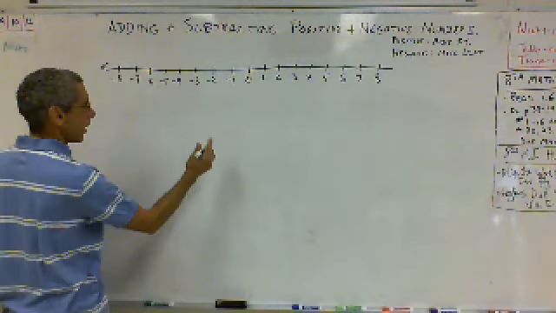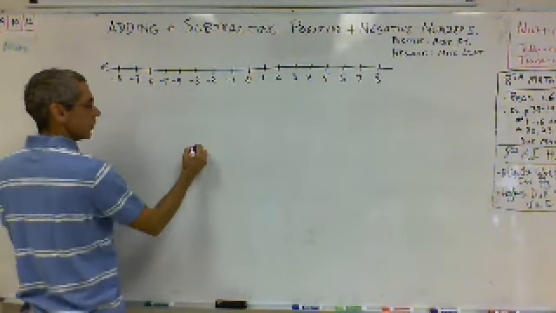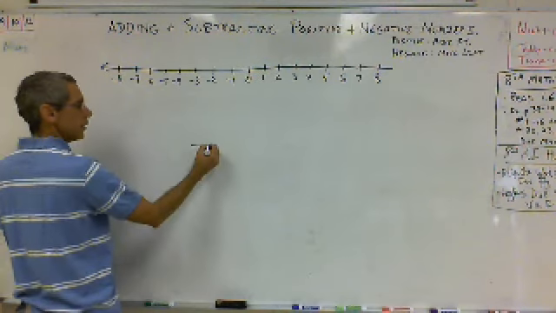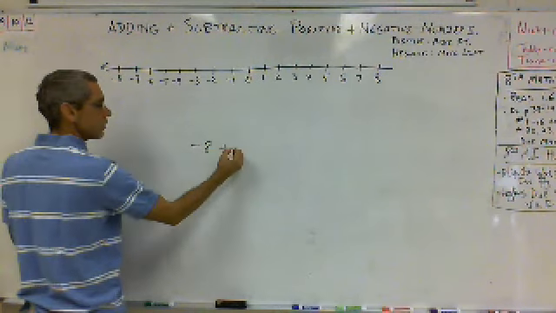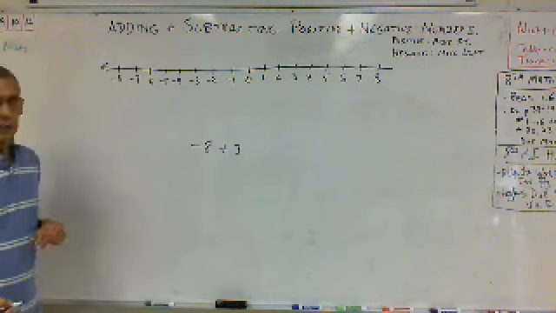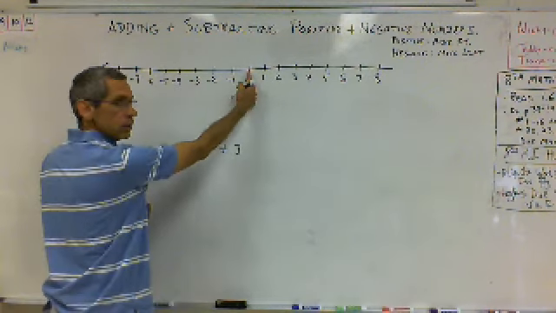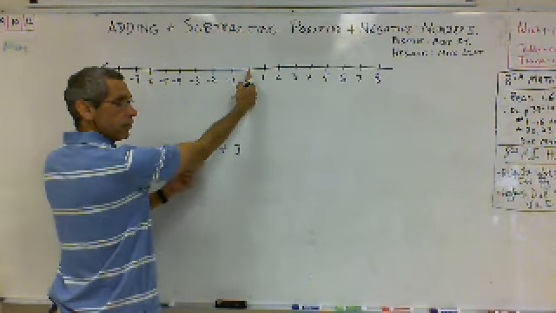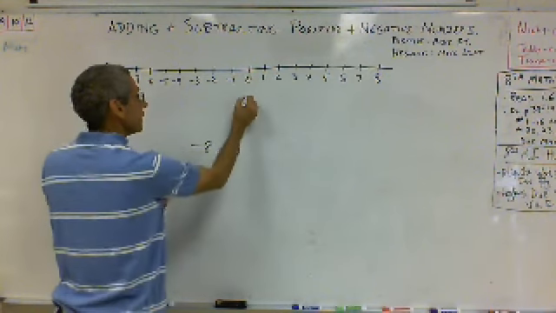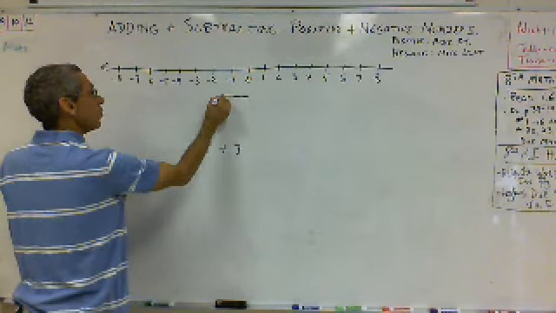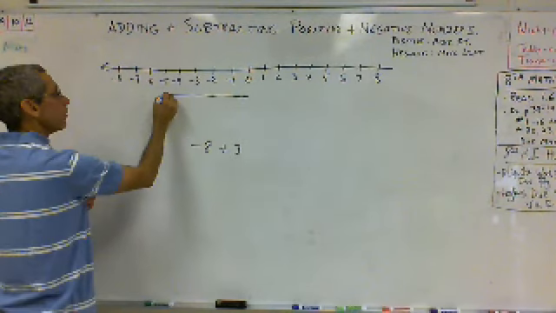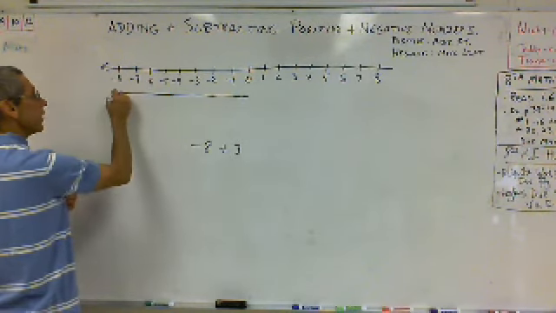Let's say we had negative, I'll write it down lower, negative 8 plus 3. Okay? So here, I start at 0, right? And then it says I've got to go negative 8. So I'm going to go negative 8 this way, and 1, 2, 3, 4, 5, 6, 7, 8. That's negative 8, right?